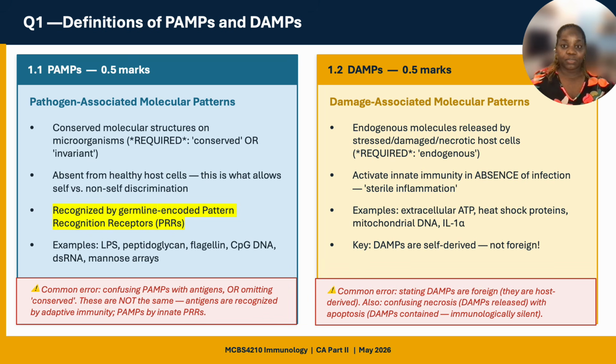The difference we need to understand is that cells undergoing apoptosis do so in an orderly, programmed fashion. So the cell membrane will remain intact until phagocytosis arrives.